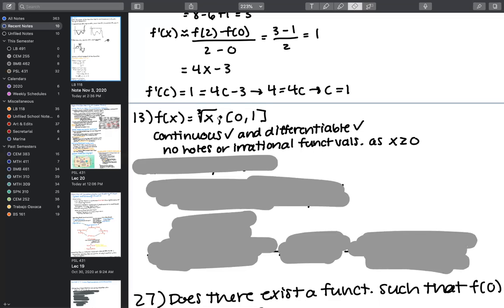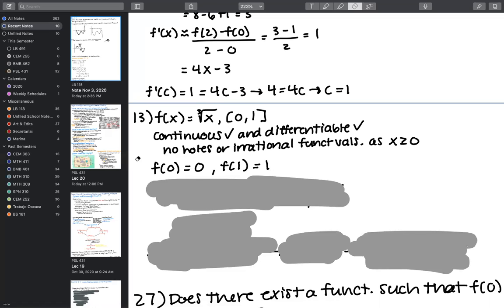So if this was negative 2 to 1, then the MVT would not apply, because you can't take the cube root of negative 2. So if the range were a little bit different here, then maybe the MVT would not apply. But we know that if we plug in 0 or 1, we're going to get a rational number. And there's no hole or anything funky like that that would lead us to believe that it would be discontinuous. And so we can say that it satisfies the criteria of the MVT.